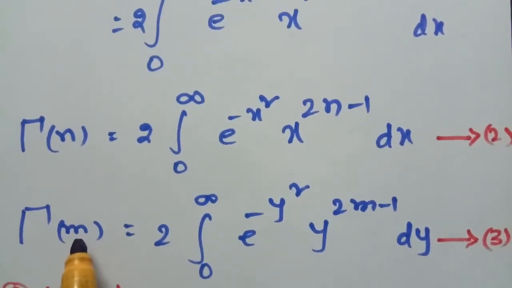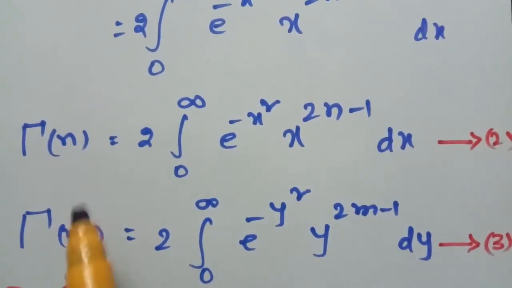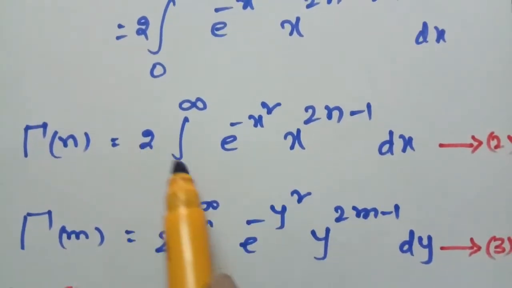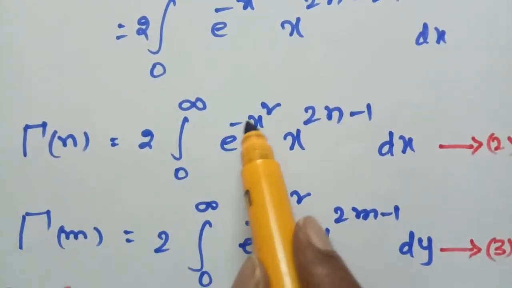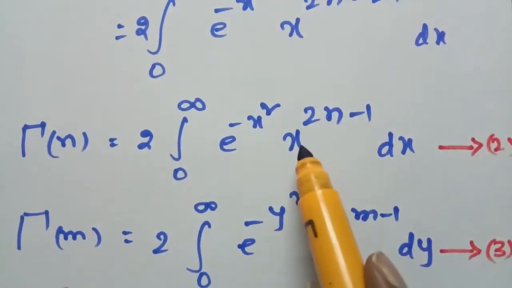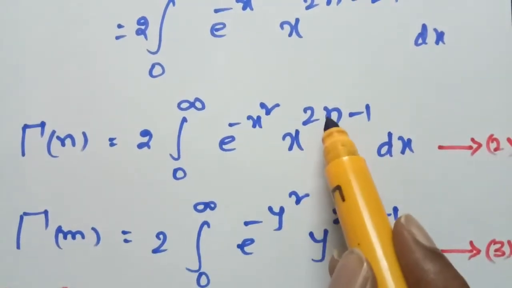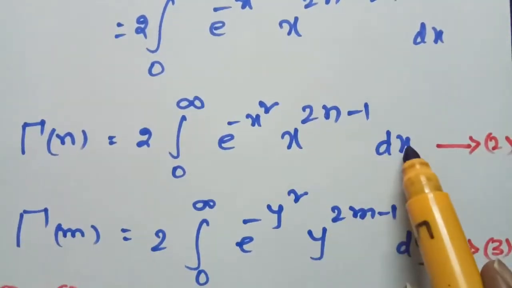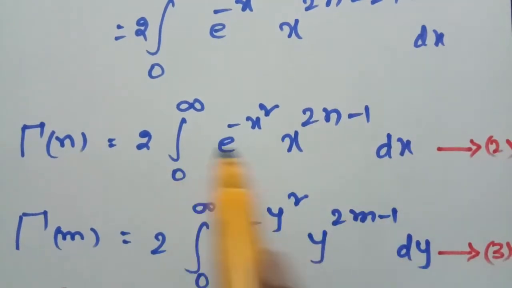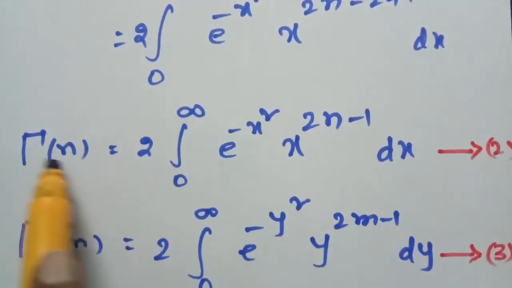Now in the present integration we have e to the power of minus r square, the integral 0 to infinity e to the power of minus r square into r to the power of 2 times (m plus n) minus 1 into dr. Therefore by equation 2 we get gamma of m plus n.